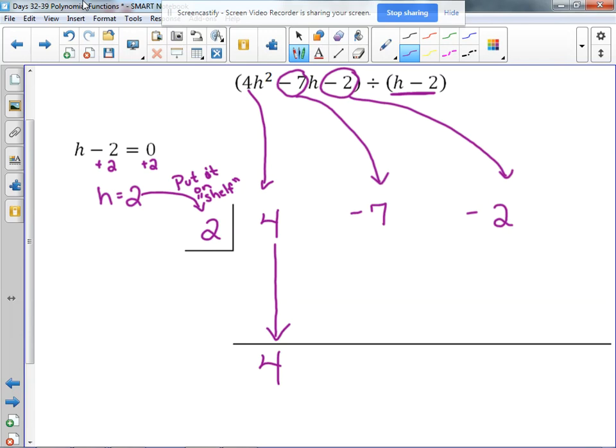Now, we will get to a point where I will not write this right here, but for right now, I encourage you to do that so you know where these numbers came from. So the number that was under the line, we multiply it by the number that's on the shelf. That is 8. 4 times 2 is 8. We are going to add negative 7 plus 8, and we get positive 1. That result goes under the line.